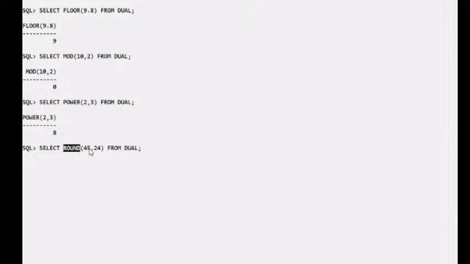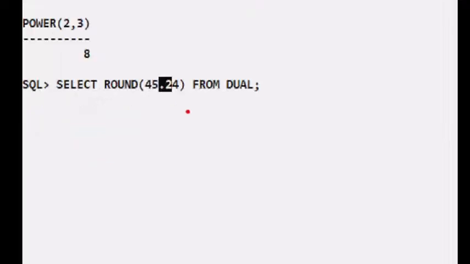But how the nearest value is taken, observe here. This is called a decimal point. After this decimal point, how much is it? 2. That means the decimal point value is 0.2.